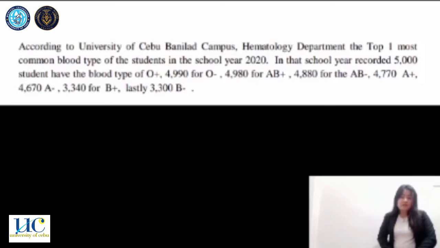Next to A positive is the A negative, which is a total number of 4,670. Next is the B positive, which is a total number of 3,340. The last but not the least is the B negative, which is a total number of 3,300.